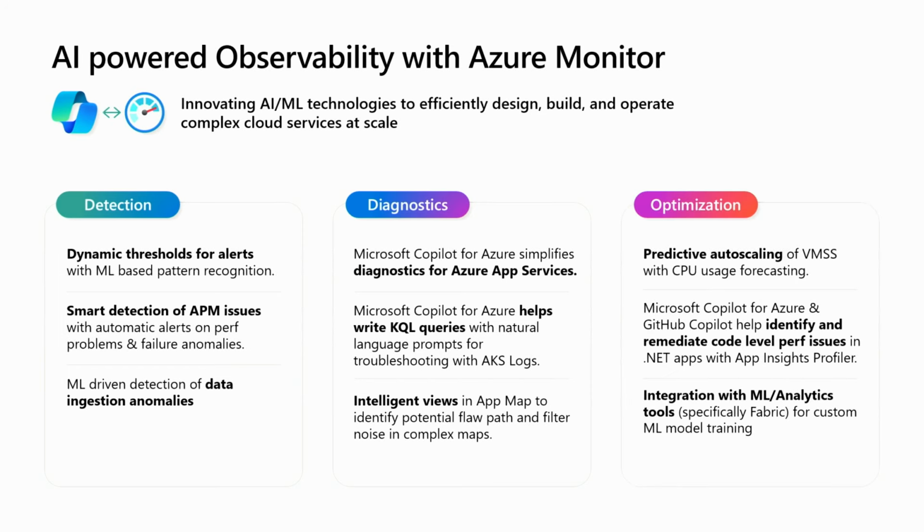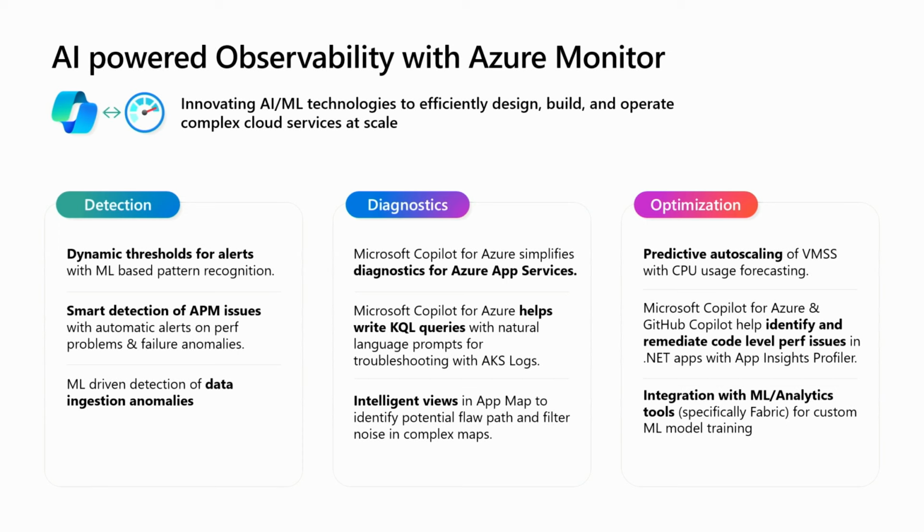Around optimization, say you're running elastic resources, like VM scale sets. You can use our machine learning technology to predictively, proactively auto-scale your resources based on predicted patterns. And for you developers out there, if you're building .NET applications, we have code optimizations available.